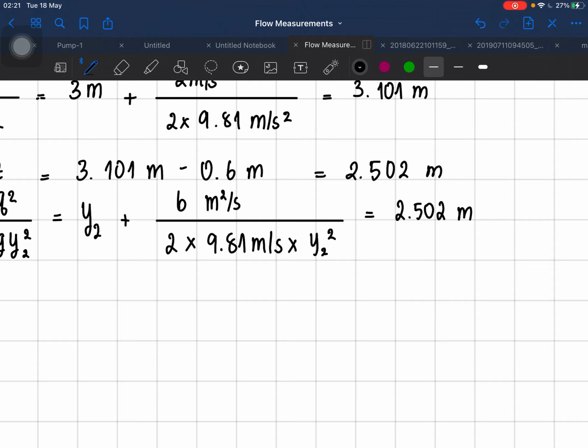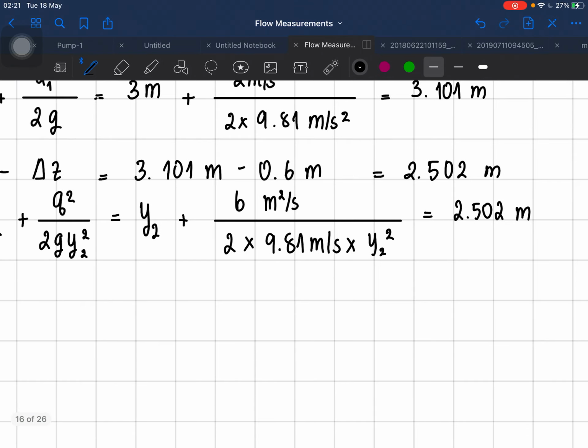So now we can use that to find it in the solver. 2.502 equals alpha x plus 6 over 2.98 times alpha x squared.